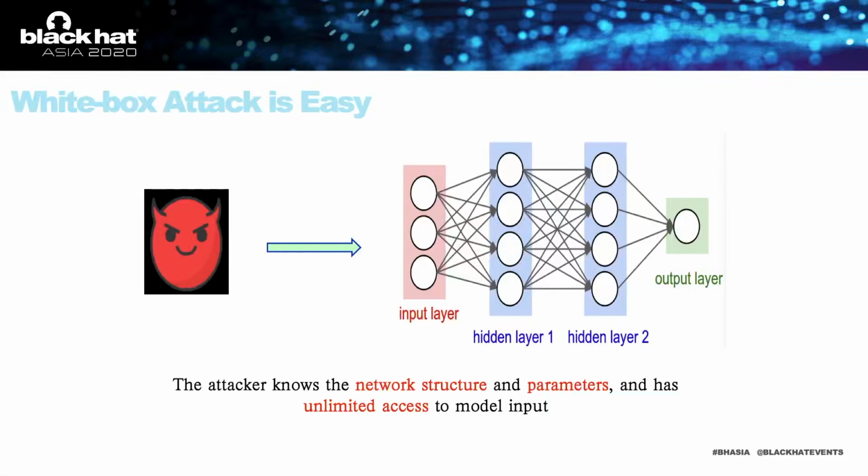The security of AI model comes from the transparency of its important information, such as network structure, parameters, and the input. If all of this information is opened, it will be an open entry for an attacker. They can easily generate an adversarial example against the model. In that case, we call it the white box.